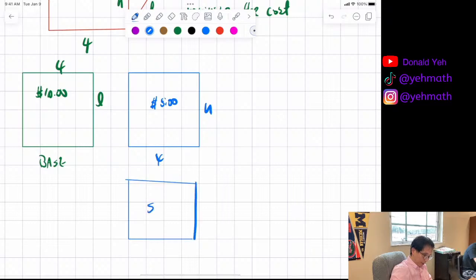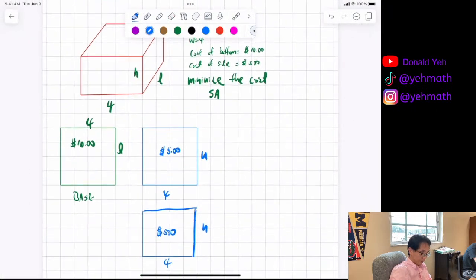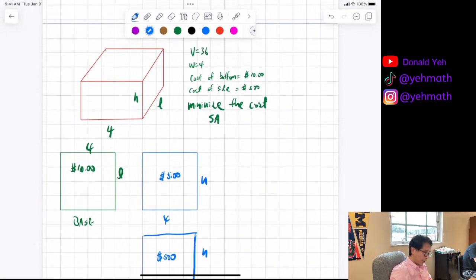Sorry, that was a really bad drawing, but it's still H and 4, and they cost $5. Are there not 4 sides? Both are 4H. So that takes care of the blue part. And the base is the bottom part.